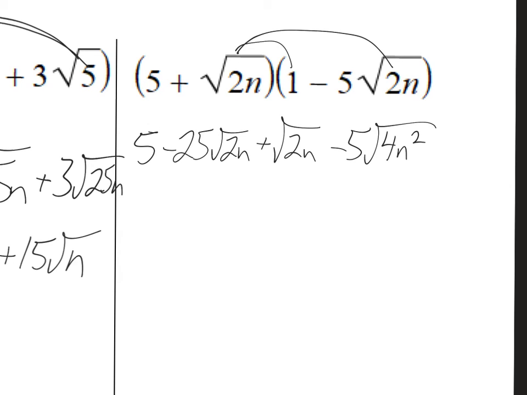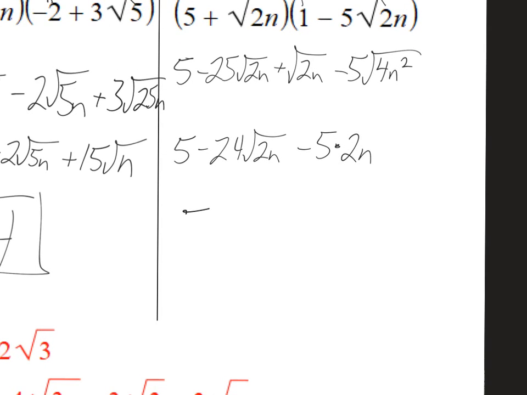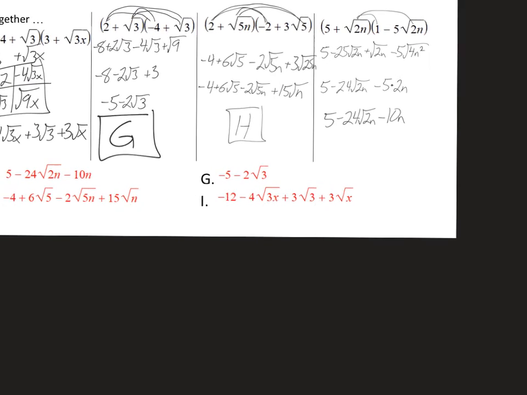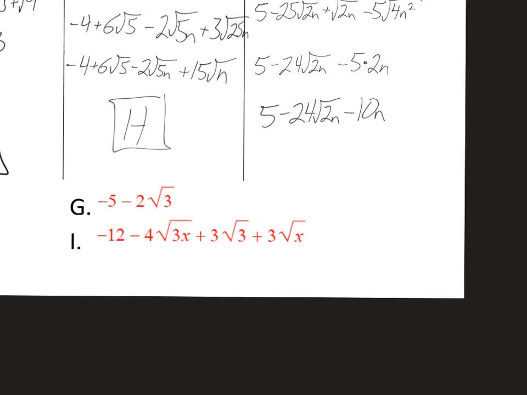So negative 25 plus 1 is negative 24 radical 2n minus 5 times square root of 4 is 2, square root of n squared is n. So it looks like I'm going to have 5 minus 24 radical 2n minus 10n. So where do we see that answer? F.